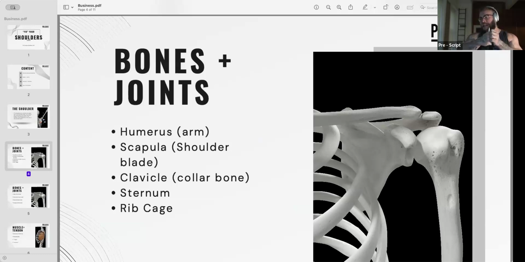A golf ball and a tee really encapsulates, pun intended, how much overlapping surface area the socket actually has on the head of the humerus, compared to our hip, which is more of a true ball and socket joint with more encapsulation. The shoulder has far less. So we call it a ball and socket joint to keep it simple, but it's not a structural analog to a ball and socket.